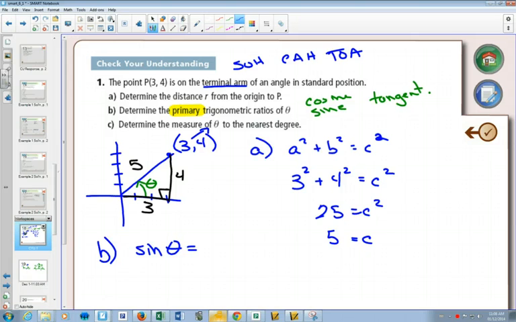Sine is opposite over hypotenuse. Good. So sine will be opposite side would be 4. Okay? This is the ratio. 4 over 5 is the ratio. It's not asking us to find theta yet. It's just asking us to state the ratio. So sine of theta is 4 over 5.